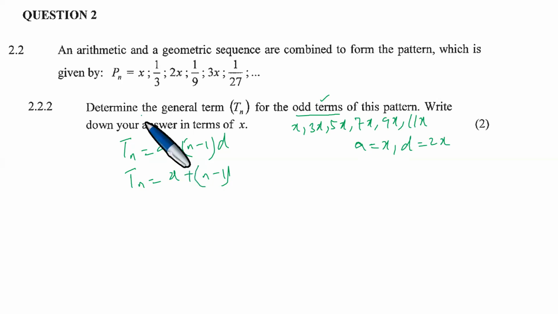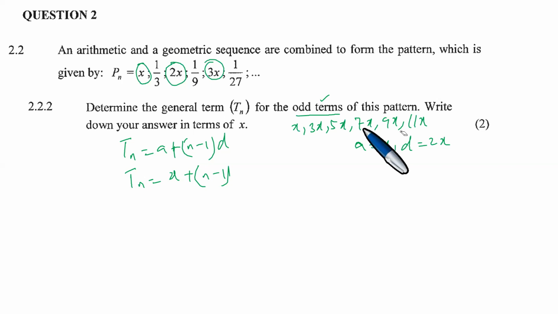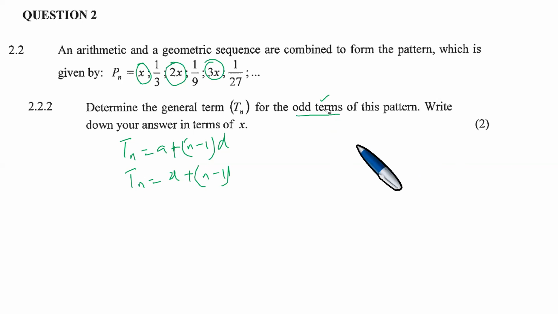One way to look at that is to consider the term x, then 2x, then 3x. And the word odd is used here. Let me explain something about the word odd used here. The word odd was used to signify something.